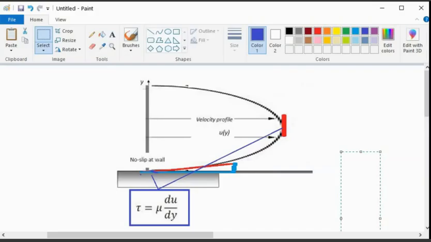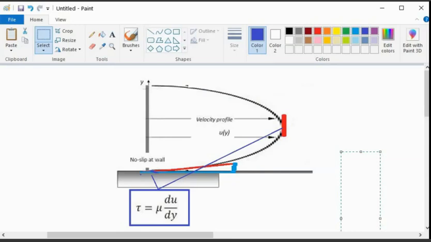So this is the velocity profile at the inlet of the pipe. We show the velocity profile and local velocity in the y direction.